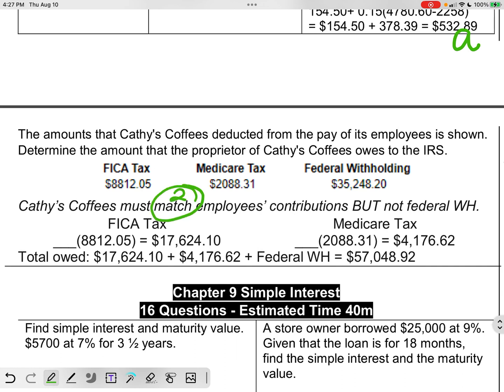So whenever you see that you are matching, think of doubling, like multiplying by 2. If I put a 2 here and a 2 here, that'll help you quickly calculate your FICA and Medicare taxes. I think Pearson does it a little bit longer. They write it twice, so they'd be like $8,000 plus $8,000, and that's how they work theirs out.